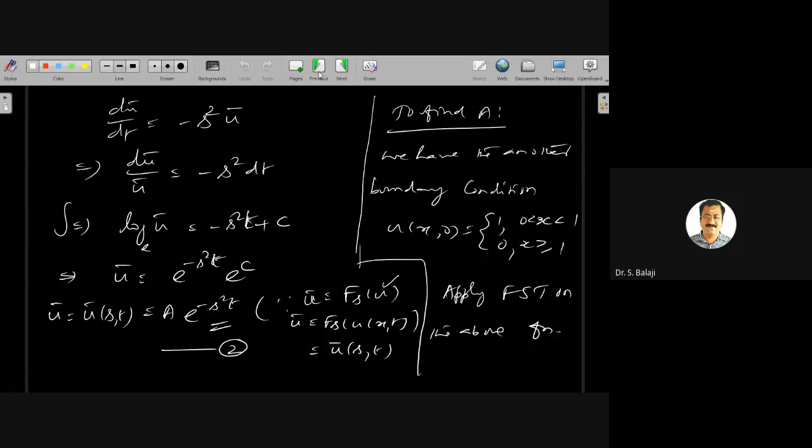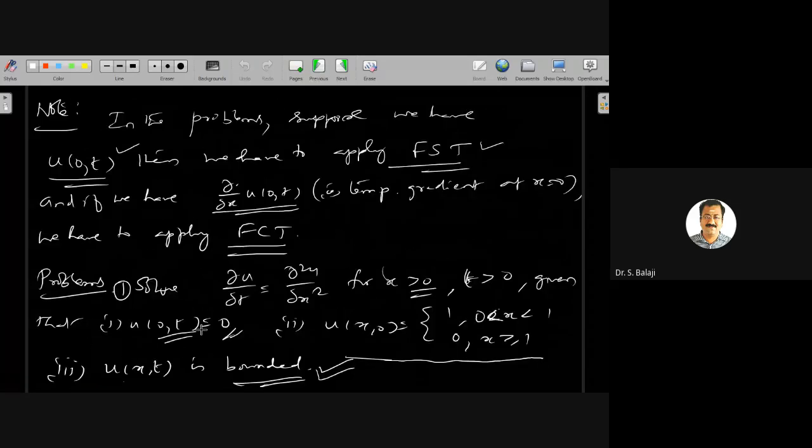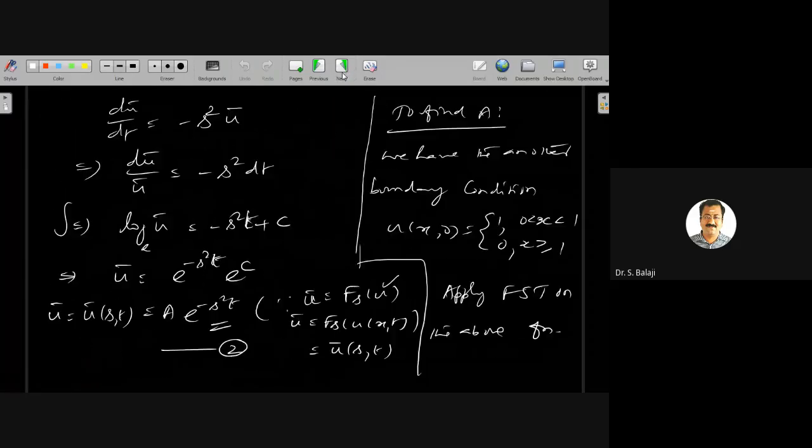We have another initial boundary condition: u of x comma 0 equals 1 for 0 less than x less than 1, and 0 for x greater than or equal to 1.